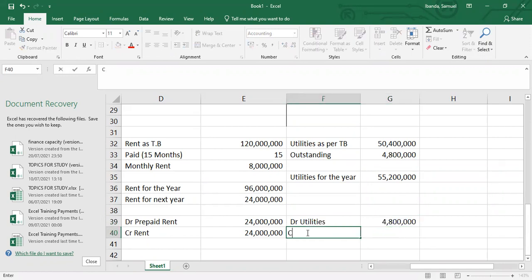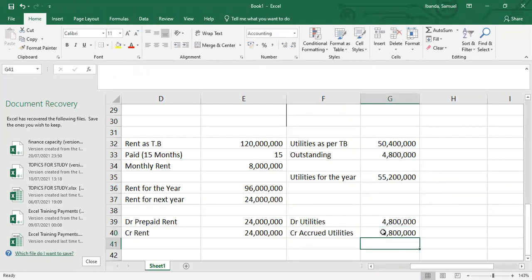And then we shall credit accrued expenses with 4.8, like that. So you can go ahead to put this in your P&L.